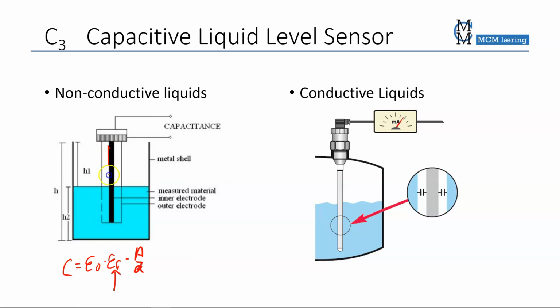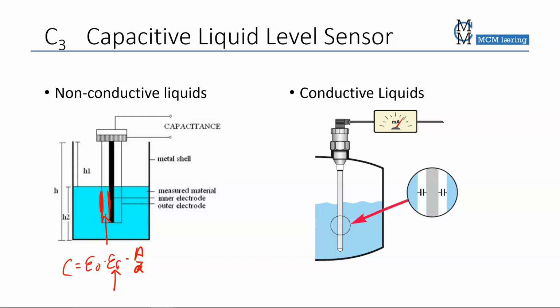Remember, over here on top of the liquid you still have a capacitor, but you have a capacitor below it as well, and one portion of the overall capacitance is based on the non-conductive material, which is the liquid, while the other one has vacuum inside it, or air. Actually, air and vacuum are basically the same. So the capacitance will change depending on the liquid level.